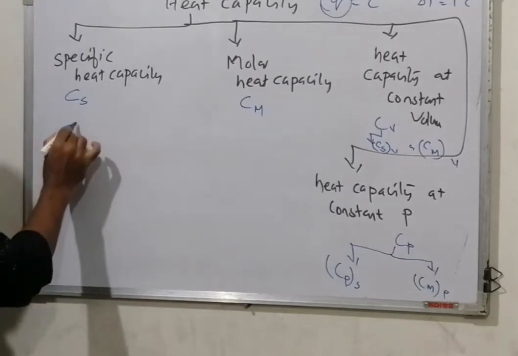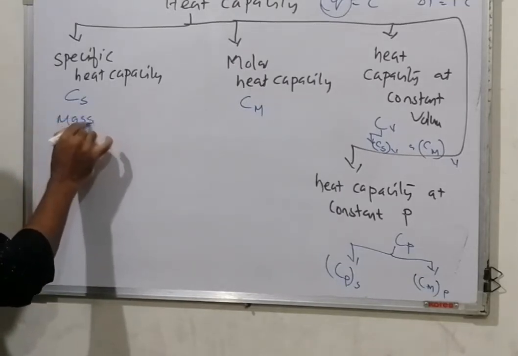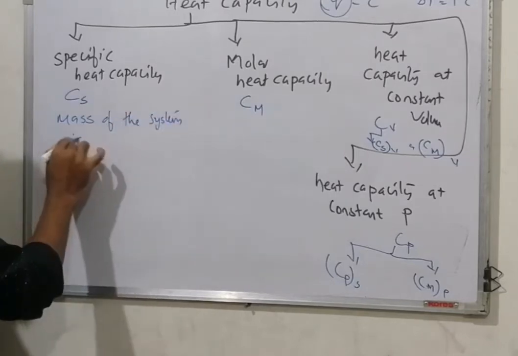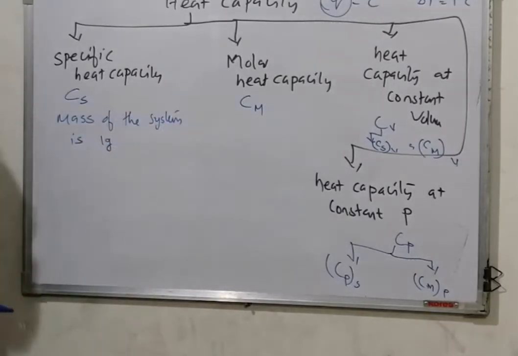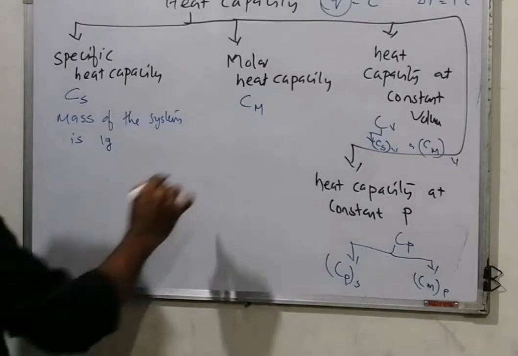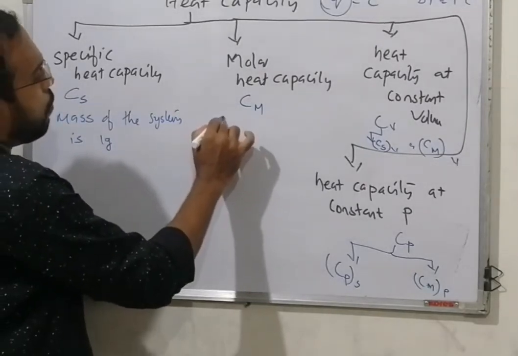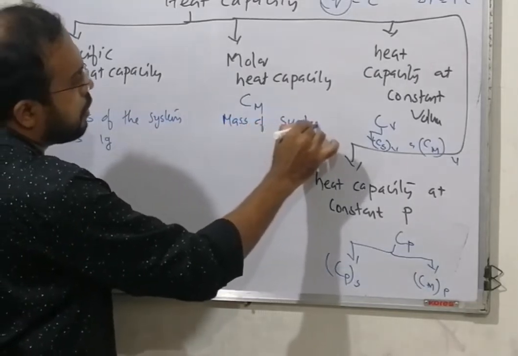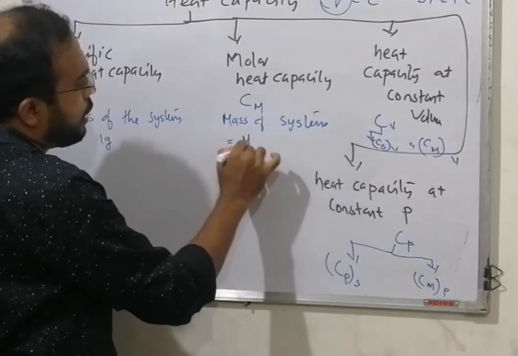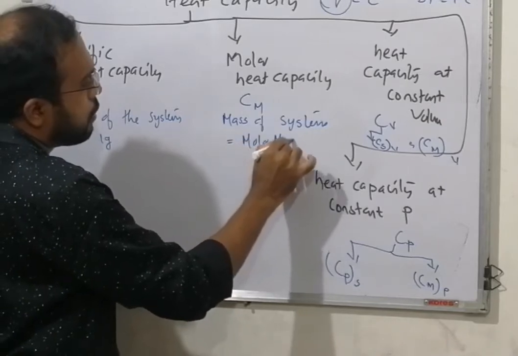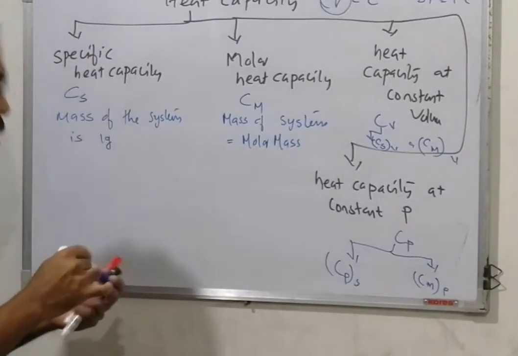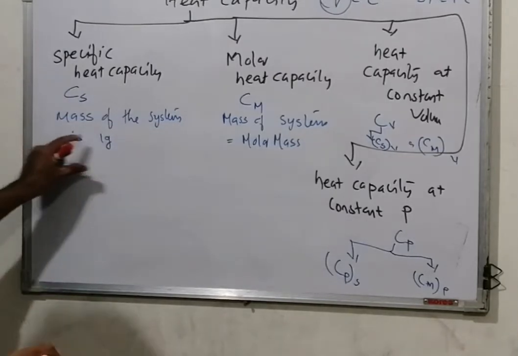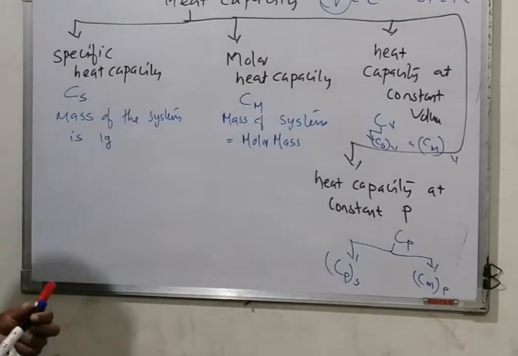Specific heat capacity is when the mass of the system is 1 gram. Here, the mass of the system is equal to its molar mass. This is 1 gram, this is molar mass.